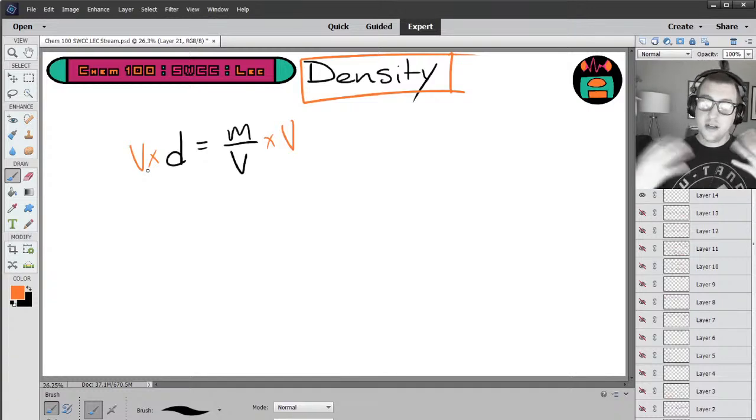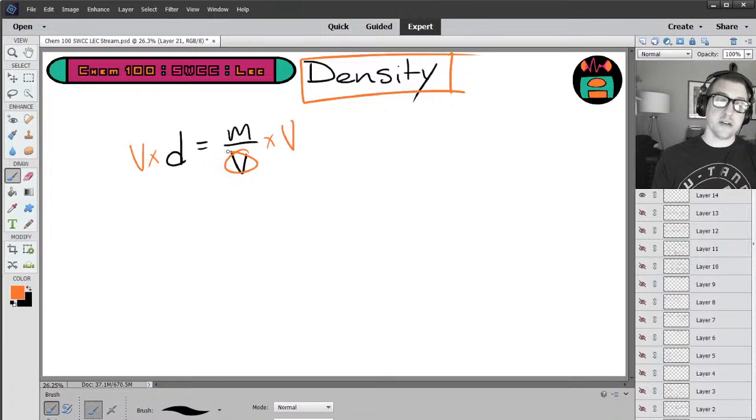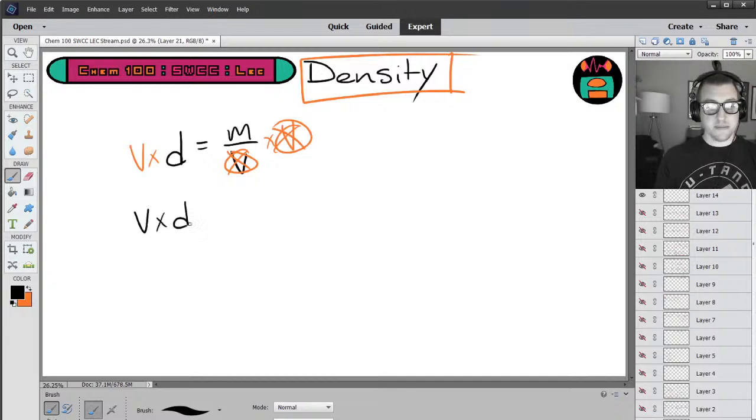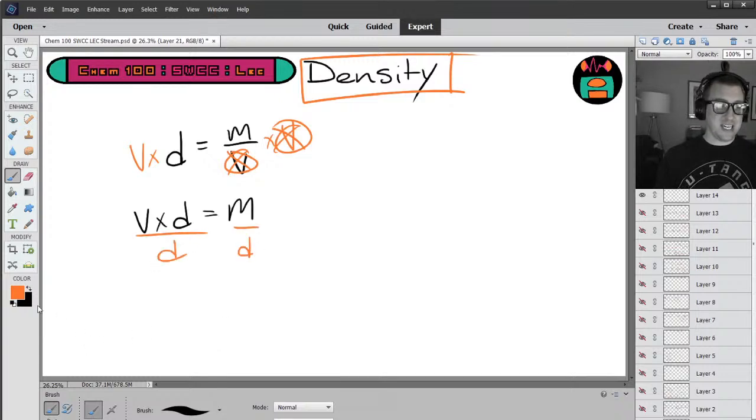To do that, we need to jailbreak it out of our denominator. So multiplying both sides by volume gives us this new expression: volume times density is equal to mass. We still need to isolate volume. It needs to be by itself on one side. So we're going to divide both sides by density.